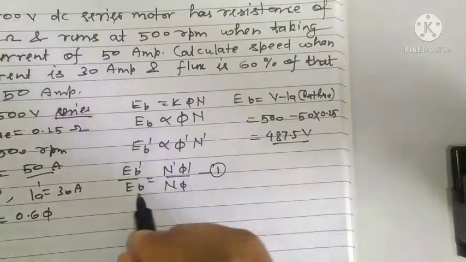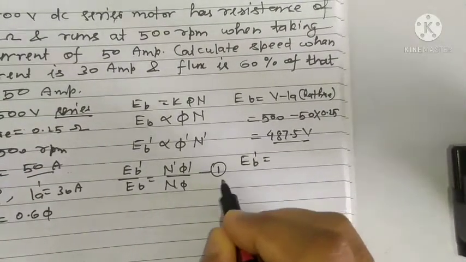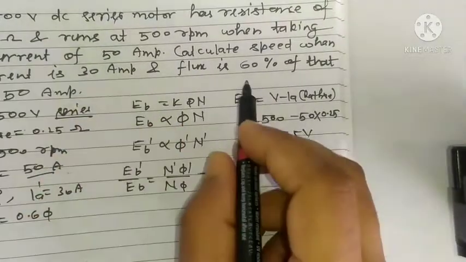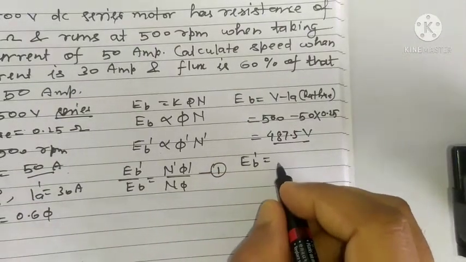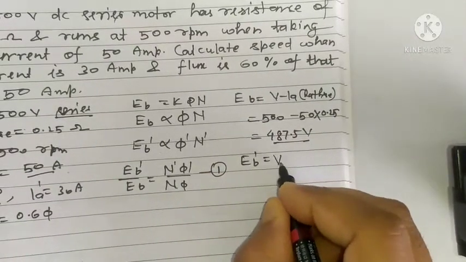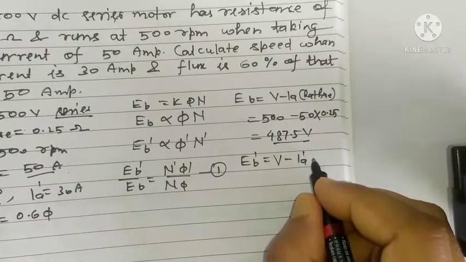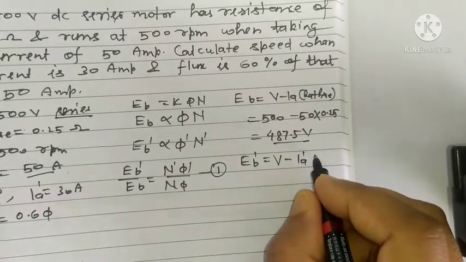We got this value EB. Now let us find new EB dash, new EMF, when armature current and flux are changing. So obviously back EMF will also change. So EB dash will be supply voltage, same, minus armature current, which is changed, whereas resistance of armature and field is remaining constant.